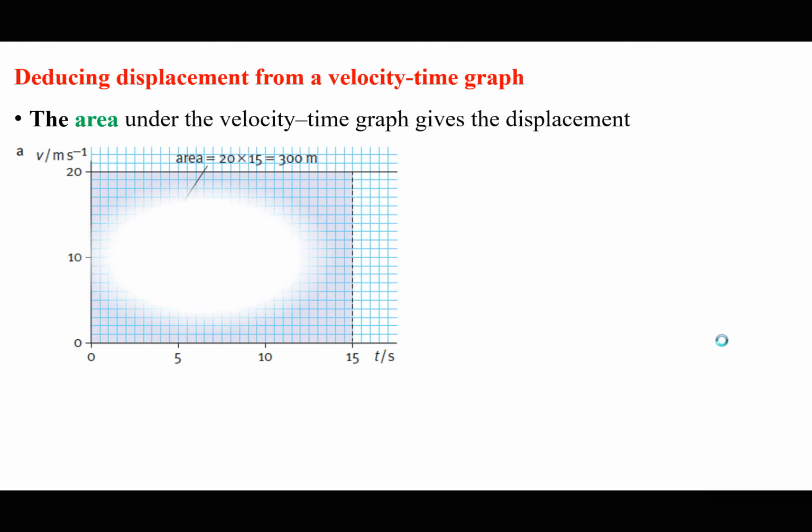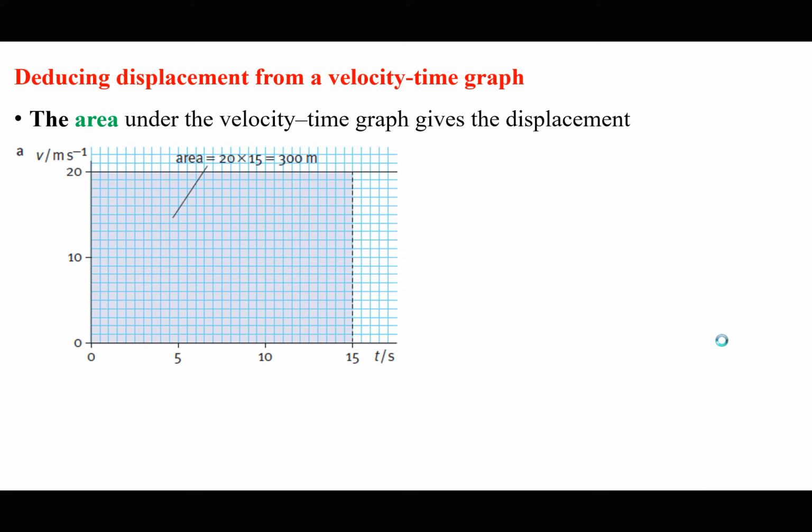So let us consider a velocity time graph of this nature, which is a horizontal line at 20 meters per second. So we are saying the area under the graph is actually the displacement as we saw in GCSE.